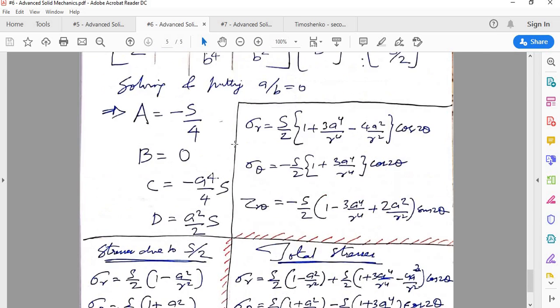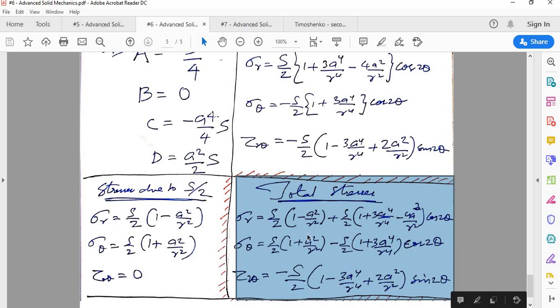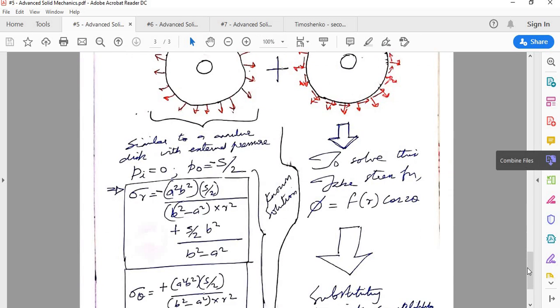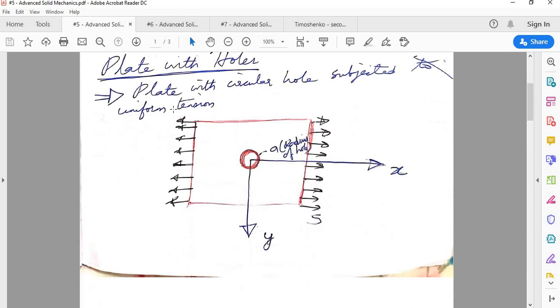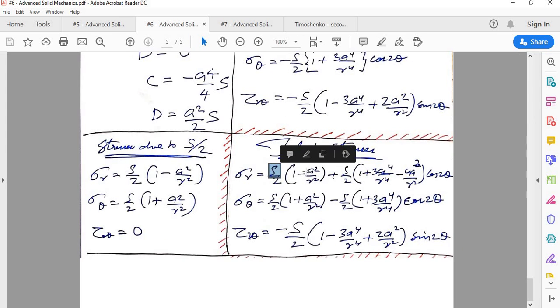Okay, so now let us come to this total stresses. These are the expressions for total stresses for the original problem, right? Now I can ask you direct numericals. I can give you a by r and theta location on the plate, and I can ask you to evaluate any of these stresses.